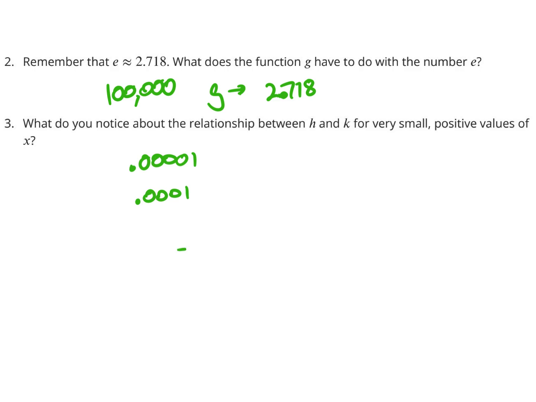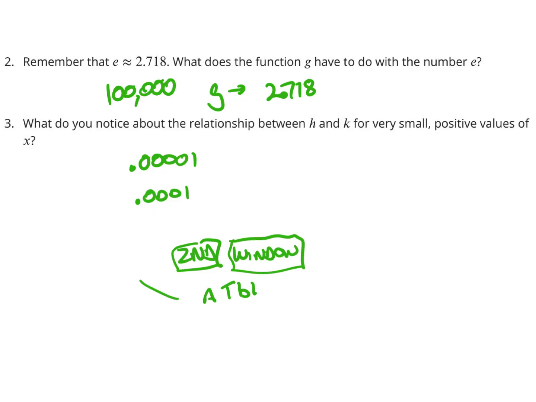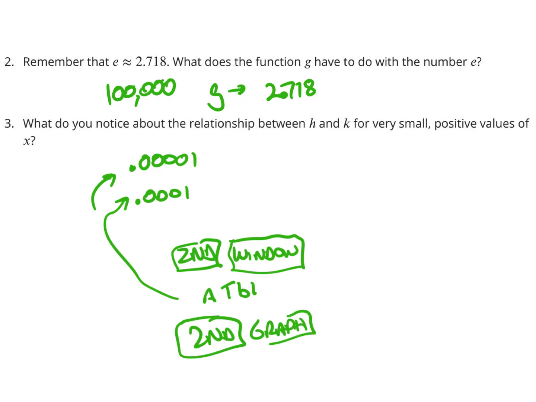And what you had to do, it says second window, and I showed you this in another video. You want delta table. Once you get to the screen, the second one down is delta table. Put these values in, and then go back and hit second, and then graph to read the table of values, and see what's going on.